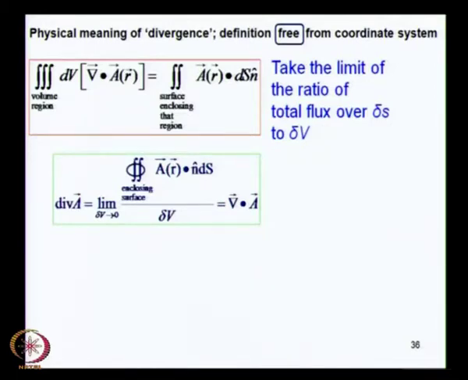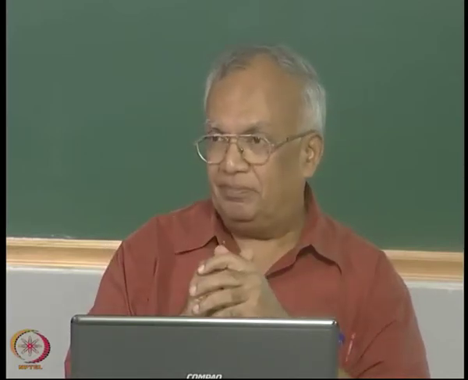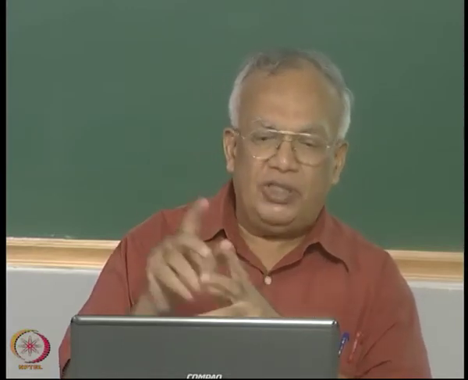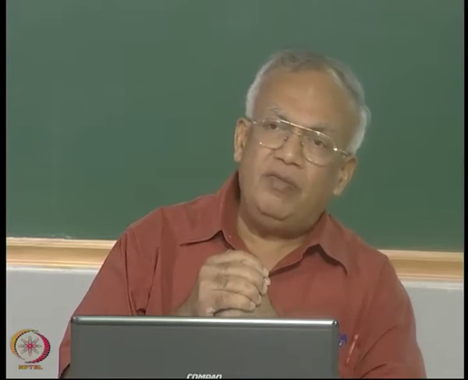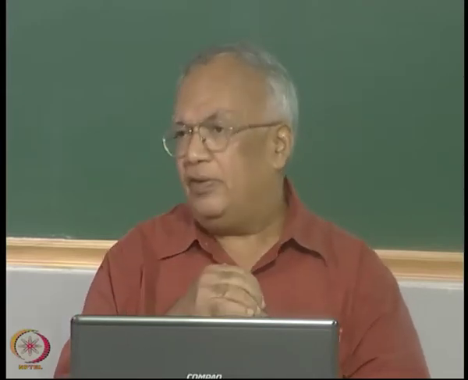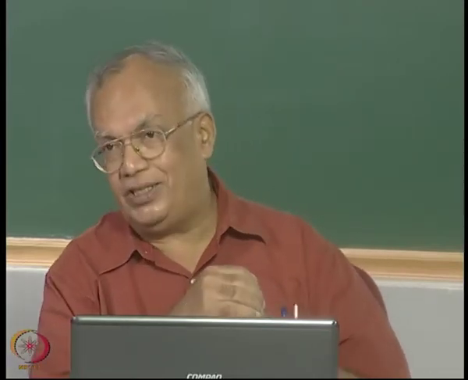Okay. All we have exploited is the relationship between sums, limits of the sums and integrals. That is all we have done, regular calculus. And if you take this region to be sufficiently small, take the limit delta v going to 0, we now have what we will call a definition of the divergence of a vector quantity.